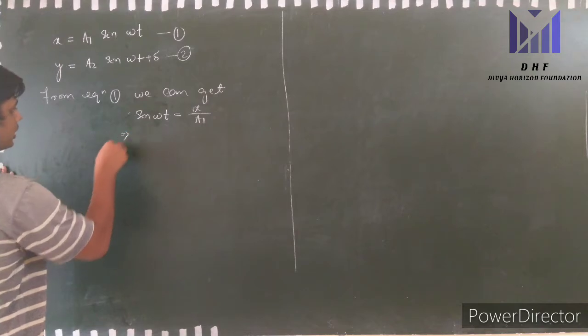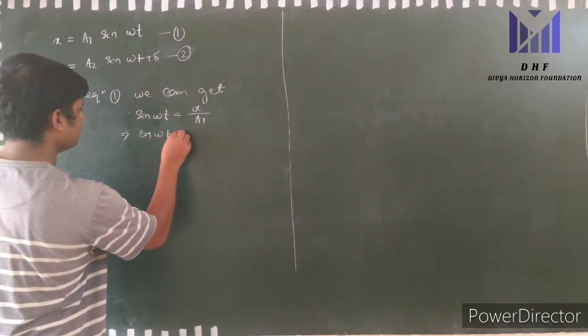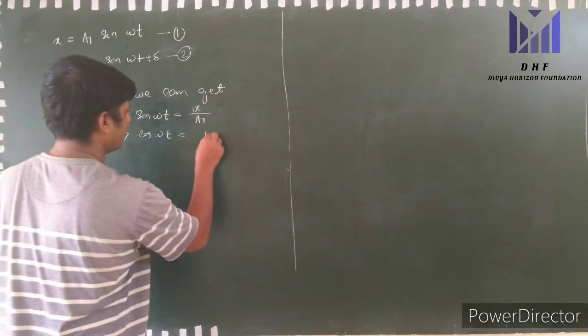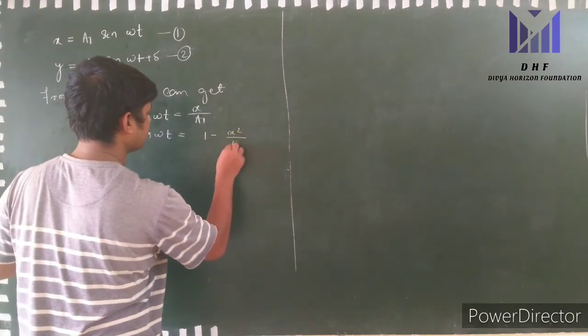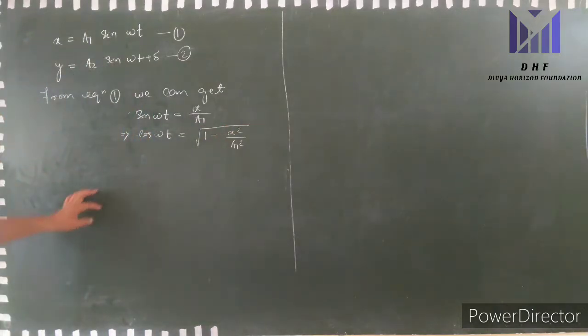From this we can also get the value of cos ωt. Cos ωt will be equal to the square root of 1 minus x squared by a1 squared. So this is the value of cos ωt.